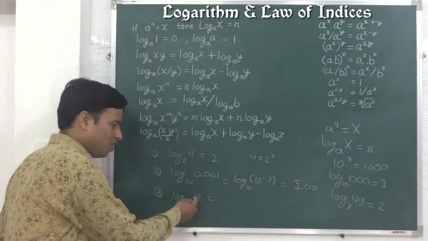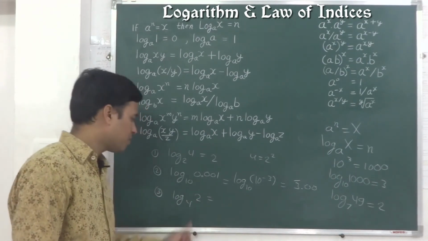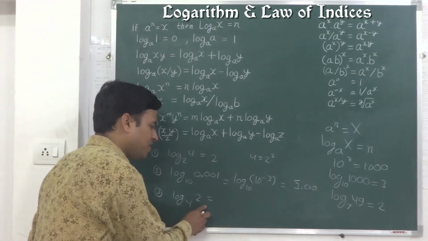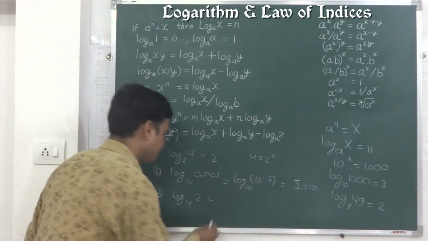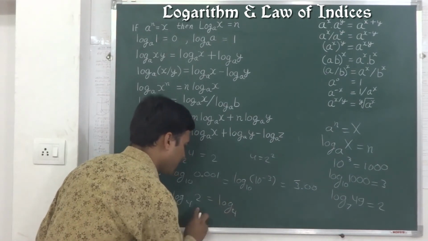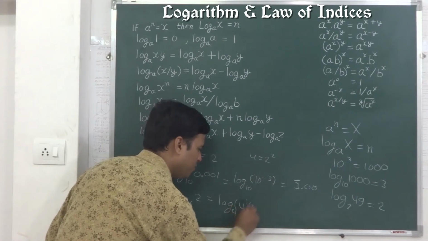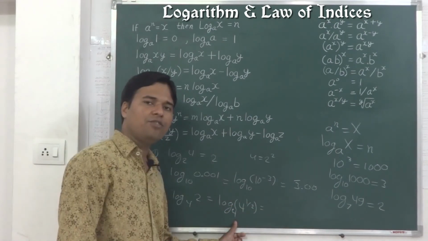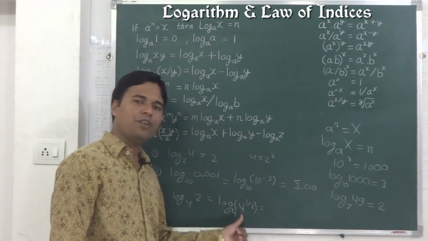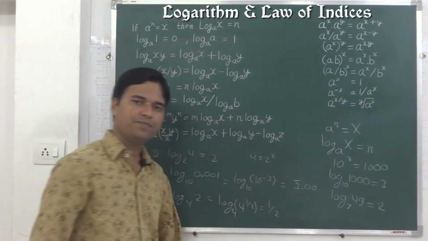Logarithmic value of 2 having the base 4. So first we would change 2 in power of 4. So log base 4, and 2 can be written as 4 to the power 1 by 2. The power value which is required to get 4 to the power 1 by 2 is equal to 1 by 2.